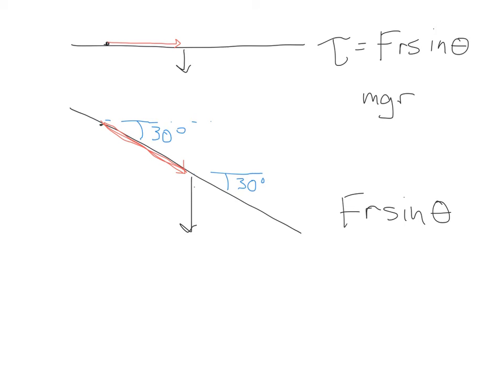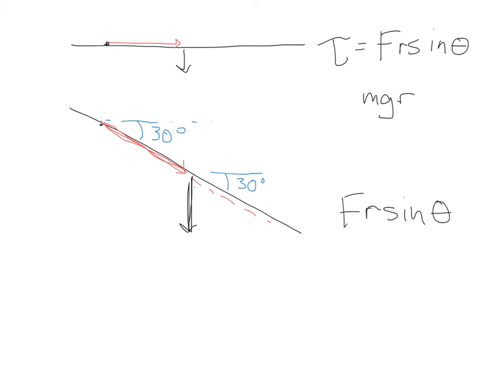To understand why it's the complementary angle, let's draw our radial vector just a little bit longer, meaning I'll just continue it going. Here's my radial vector, and here was my force vector. The angle between those two is what actually goes in for theta.